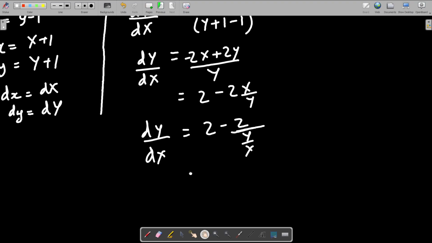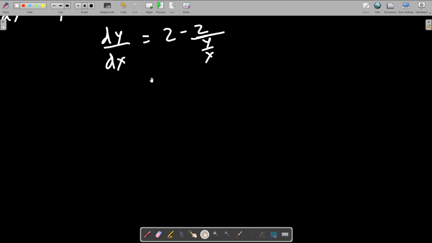Clear? So now I'll do the substitution. It's in homogeneous form right now, so I'll put y by x is equal to z. So y is equal to xz.